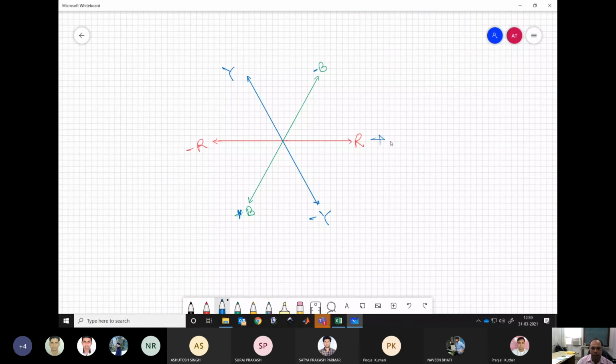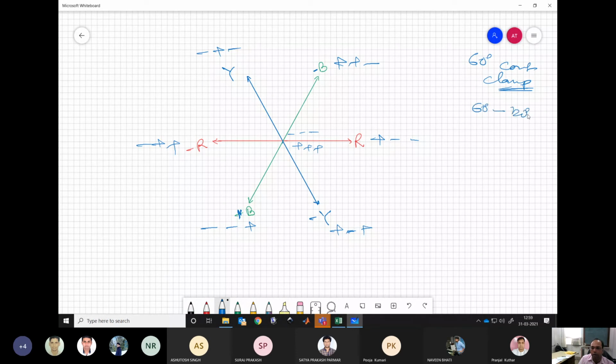Now, for the 60-degree continual clamp, we have seen that the R is clamped between 60 degree to 120 degree.